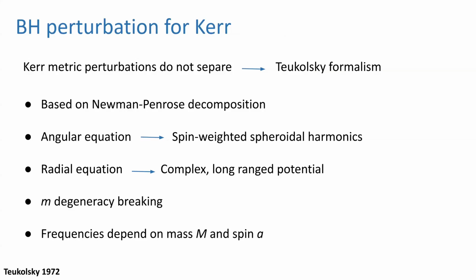If you've never heard of it, it's just projecting the curvature invariants on a tetrad that has some properties. And again, after a lot of maths, Teukolsky managed to split the problem of perturbations for Kerr into two separate equations, one for the angular side and one for the radial one.